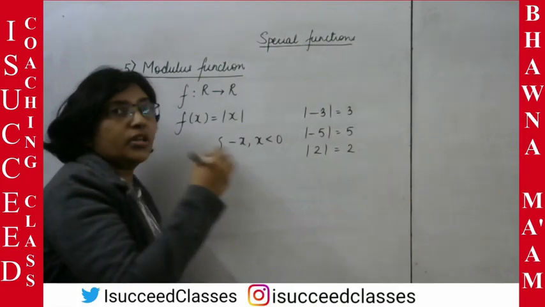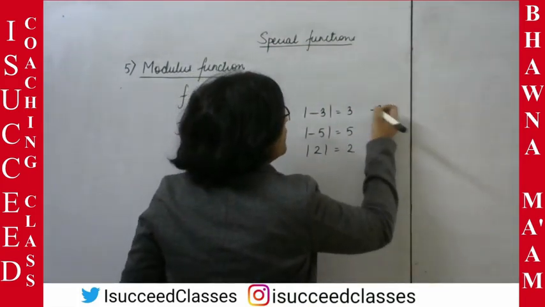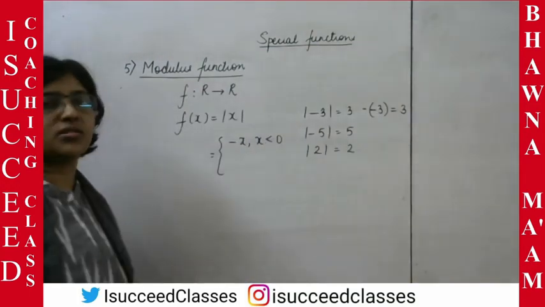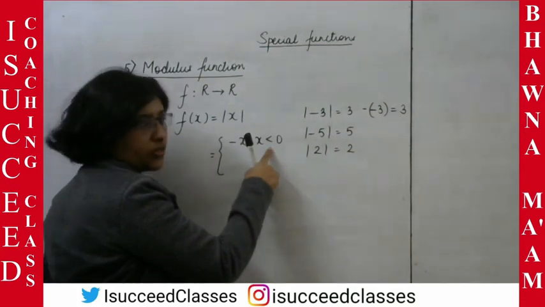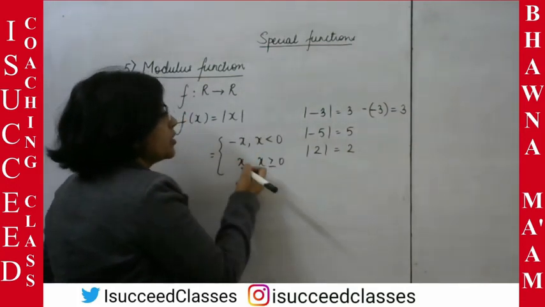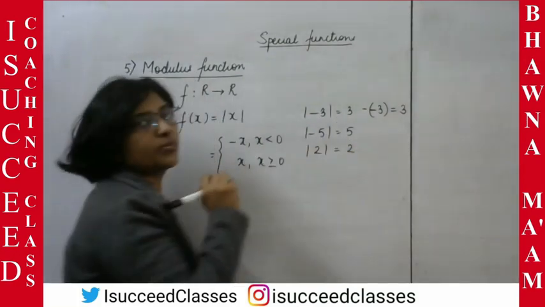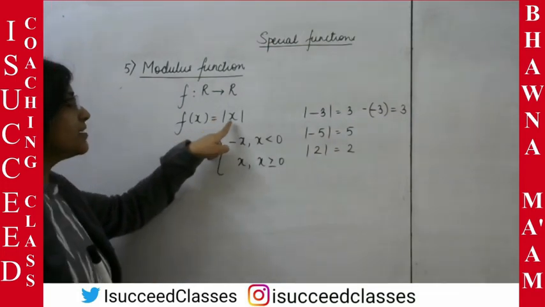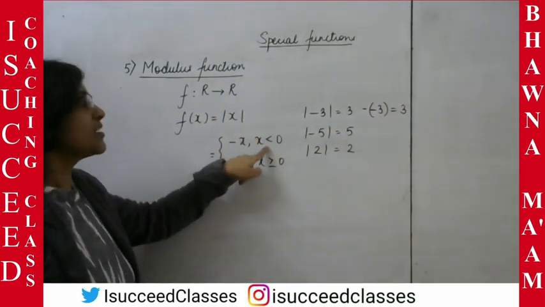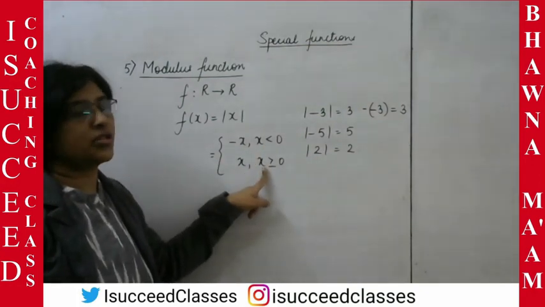That means when we put, suppose if it is minus 3, we need to put one more negative sign so that the answer will become positive. That's why we write minus x for x less than 0 and x for x greater than or equal to 0. Whatever the value, same should come. Negative, put one more minus sign so that it becomes positive. So we can write it as modulus x, or we can also write it as minus x for x less than 0 and x for x greater than or equal to 0.